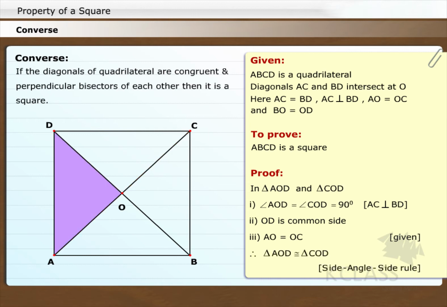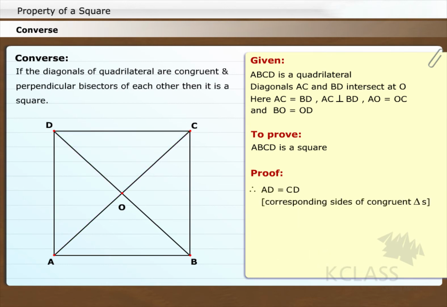Therefore, triangles AOD and COD are congruent by side-angle-side rule. Therefore, CD is equal to AD, as they are corresponding sides of the congruent triangles. Similarly, it can be proved that all the four sides of this quadrilateral ABCD are equal.